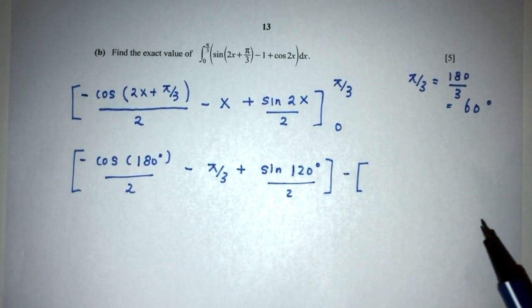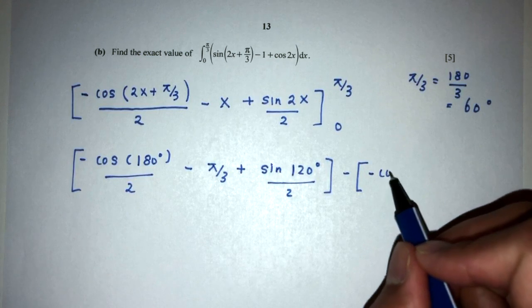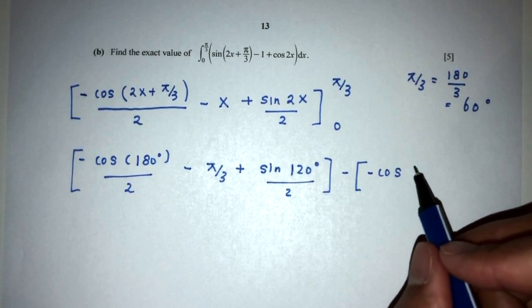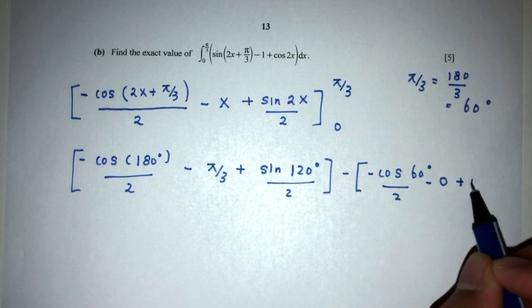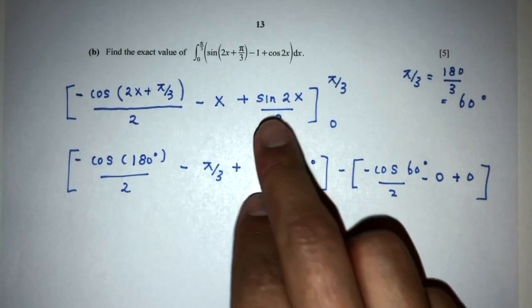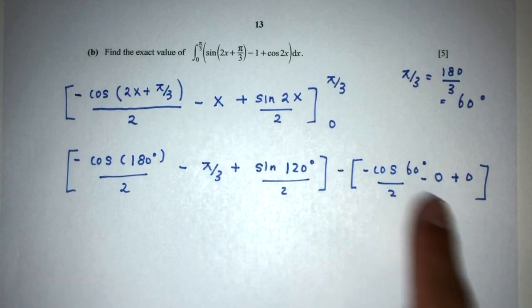Cos of, that will be minus cos of 60 over 2 minus 0 plus 0. Because sine of 0 is 0 and x 0 here is 0, right? Makes sense.